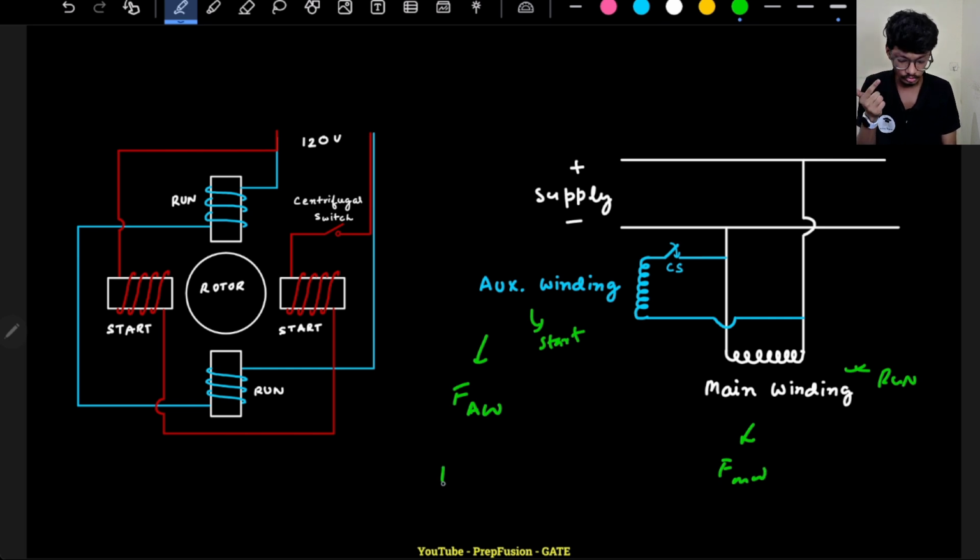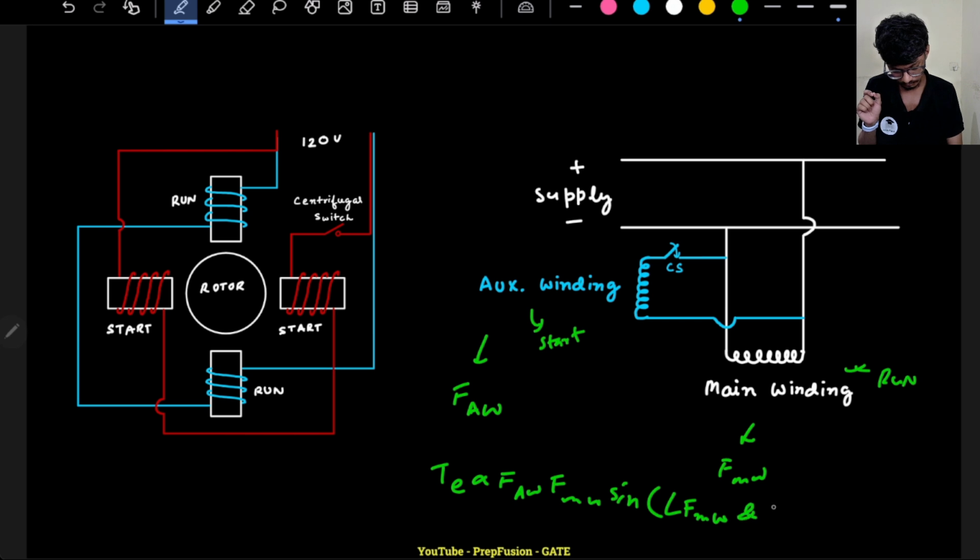So the starting torque developed due to both the auxiliary and the main winding will be the multiplication of F_AW into F_MW into the sine of the angle between the two mmfs, F_MW and F_AW.